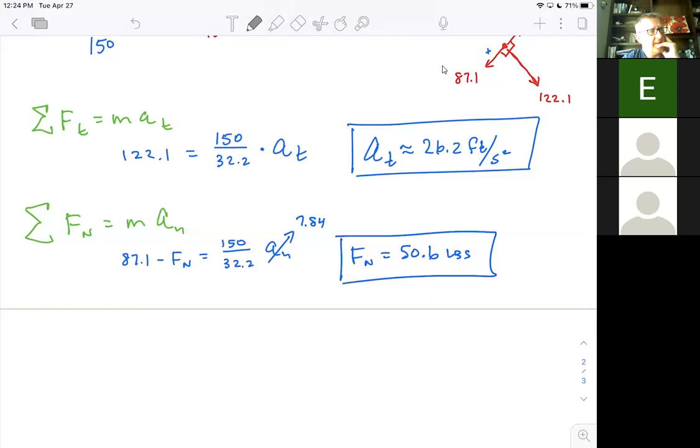So lastly, these just look like random physics questions, but I think these are all very interesting questions. I'm going to ski down this hill to this spot. And at that point, I'd like to know how fast I'm going, how fast I'm increasing my speed, and how hard the snow is pushing on you. Notice the snow is pushing on you. If that had been negative, that meant you're flying, right? That's something else important from the other day.